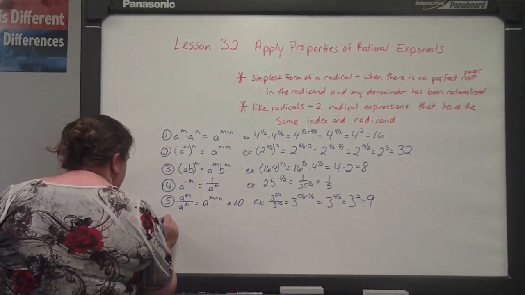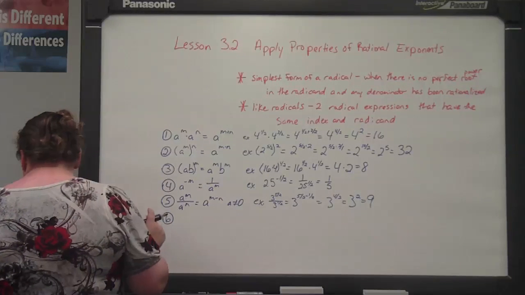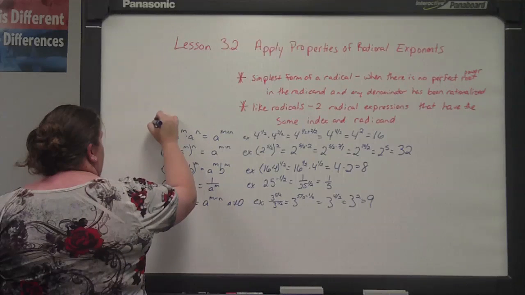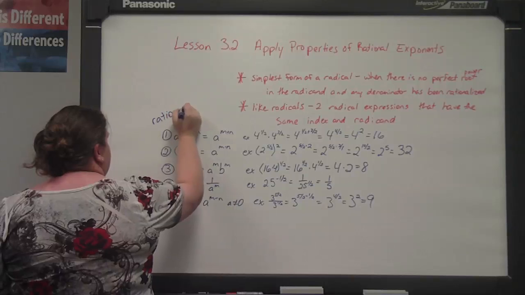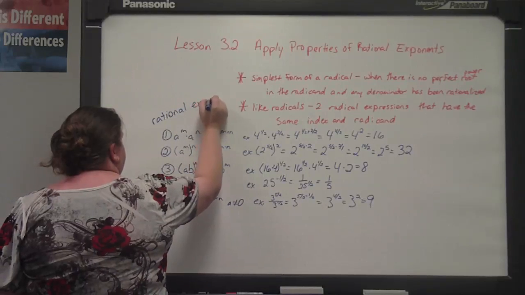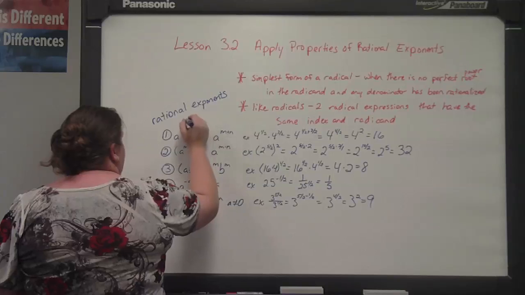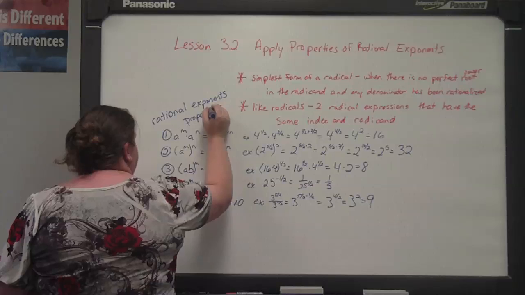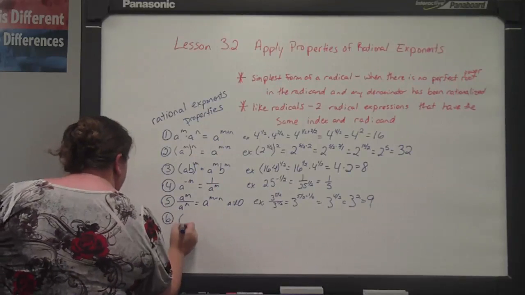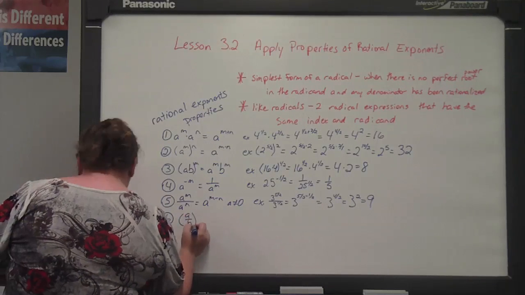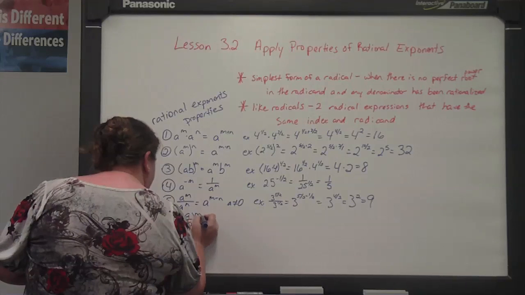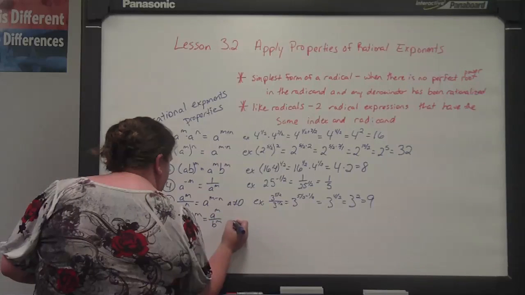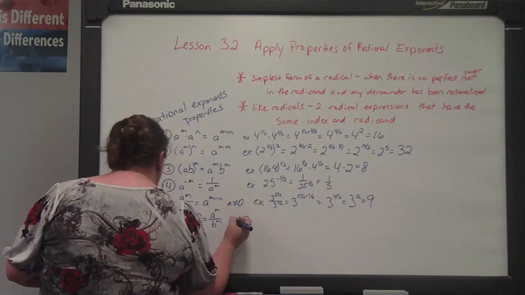And then our last property for rational exponents, and I'll go ahead and put these, the rational exponents properties. The sixth one is a divided by b all to the m equals a to the m divided by b to the m, again when b does not equal 0.